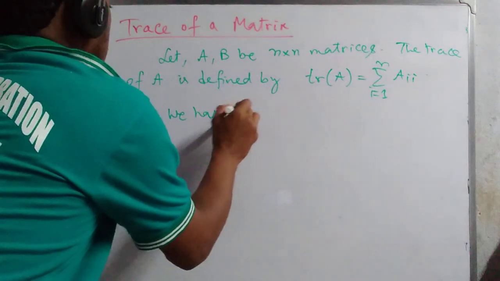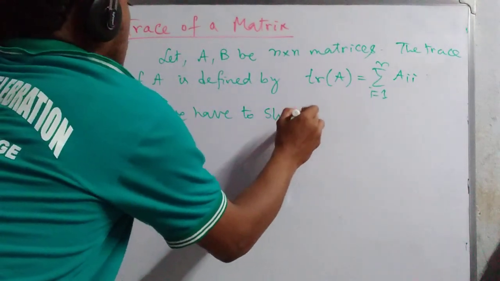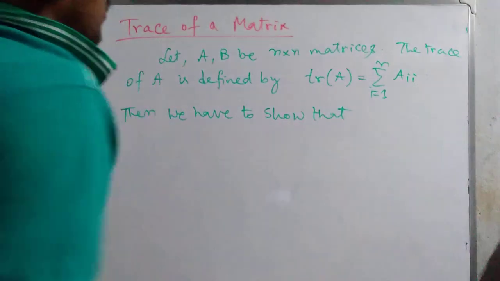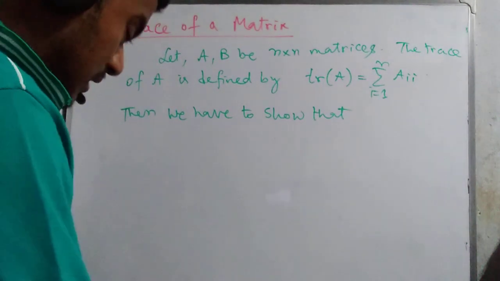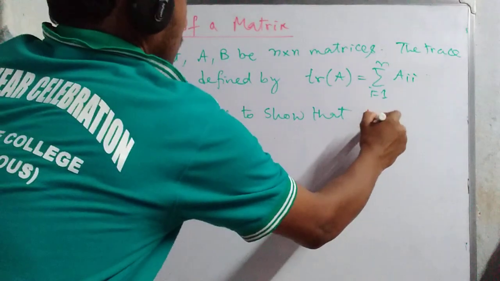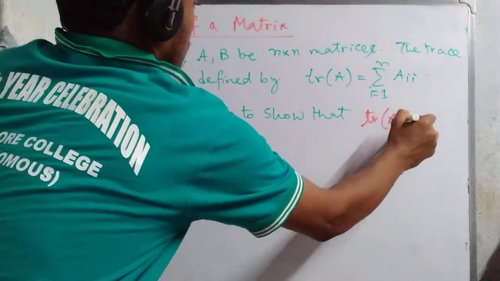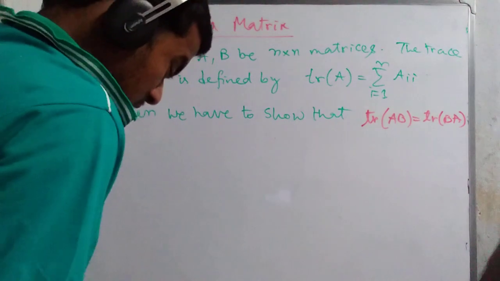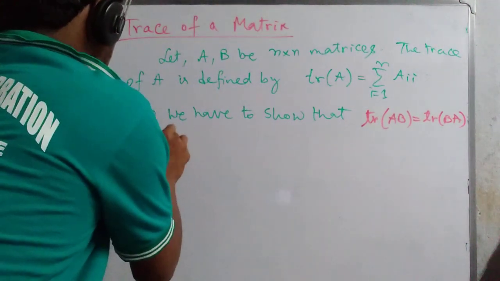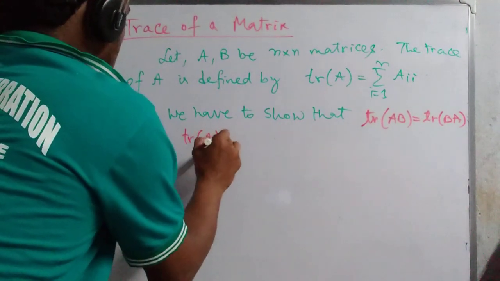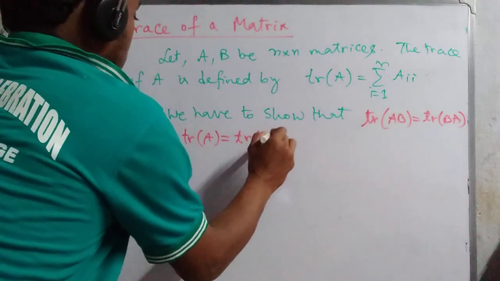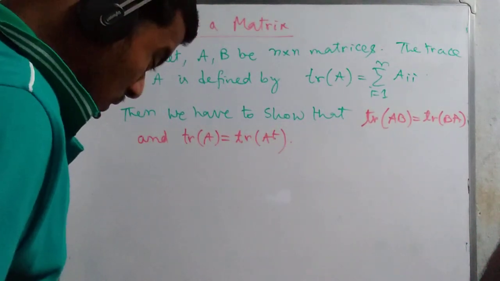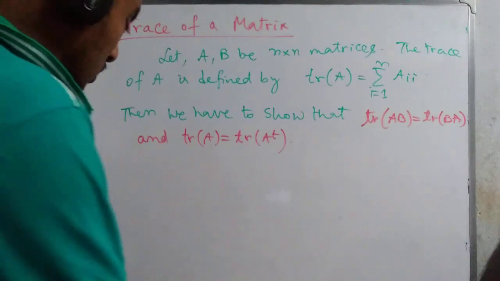Then we have to show that trace of AB equal to trace of BA, and trace of A equal to trace of A transpose. Not a problem at all.